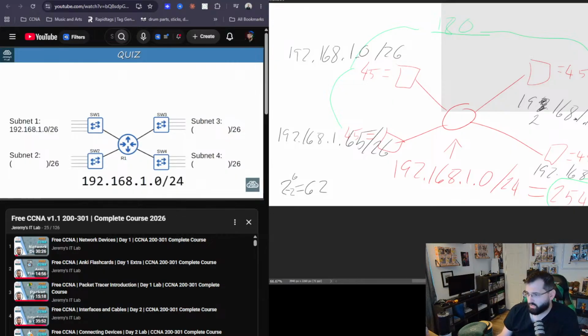Okay. So that's 90, 90, 90 is 180. So that means over here, we're going to use a /26 because that will allow us to hit our desired number of devices. So out of this, there are 2 addresses that we can't use, but that's fine.